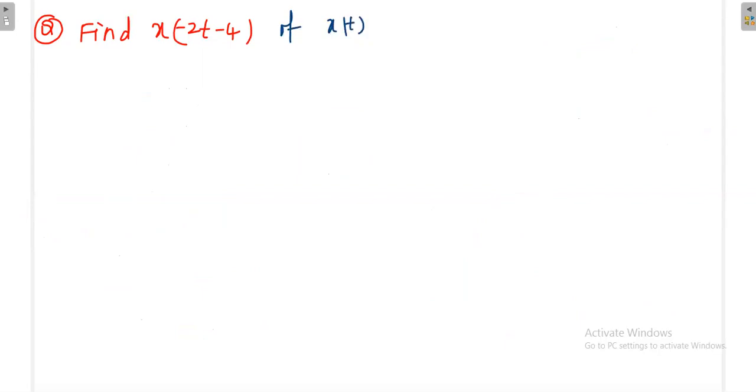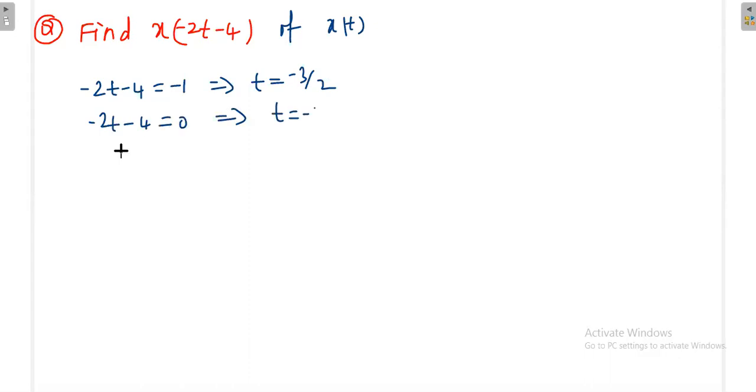Suppose minus 2t minus 4 is equal to minus 1, then t is equal to minus 3 by 2. If minus 2t minus 4 is equal to 0, t is equal to minus 2. If minus 2t minus 4 is equal to 1, then t is equal to minus 5 by 2. Now what is the answer?